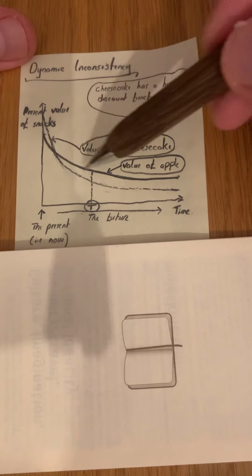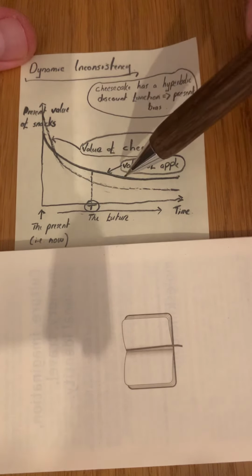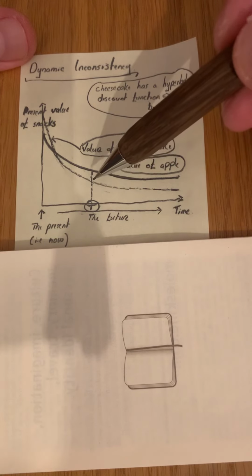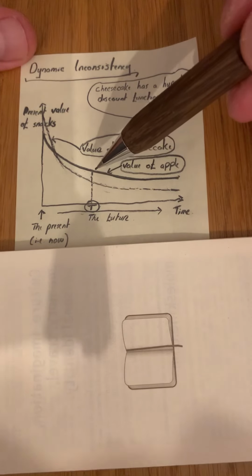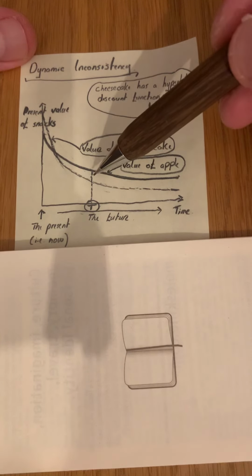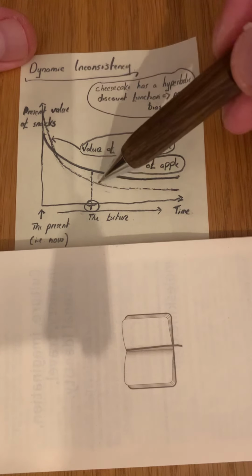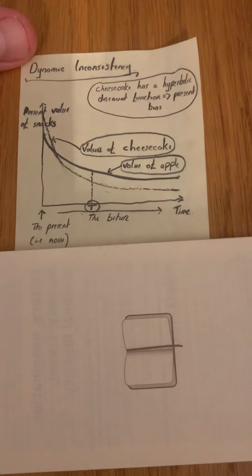And many of them, because of this present bias that's particularly associated with cheesecakes, would then wish to switch their apple preference back to one where they would prefer the cheesecake over the apple.